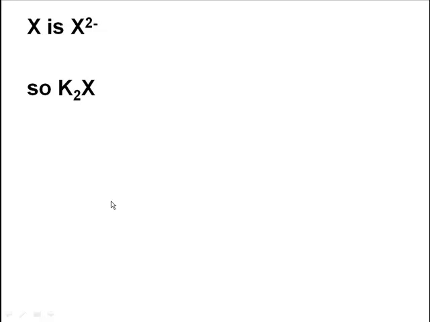K wants to have one positive charge and he has two positives. So if they're connected with the same thing, then that ratio works. All right.